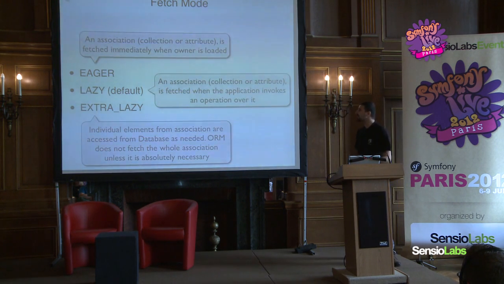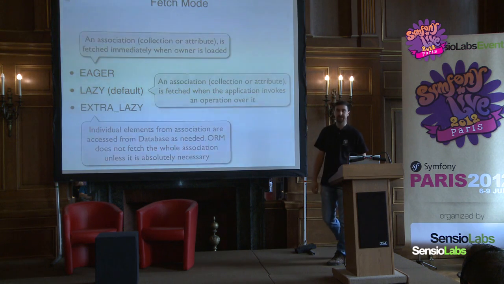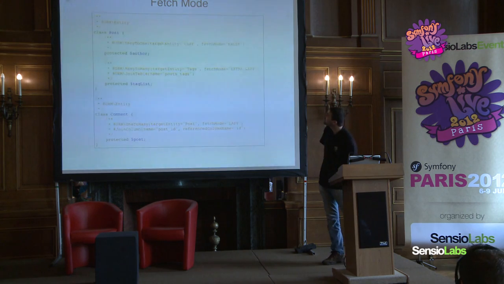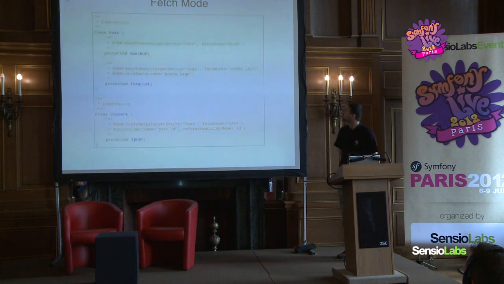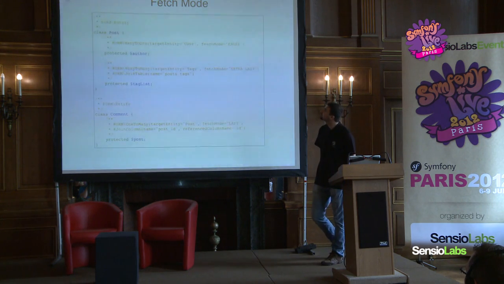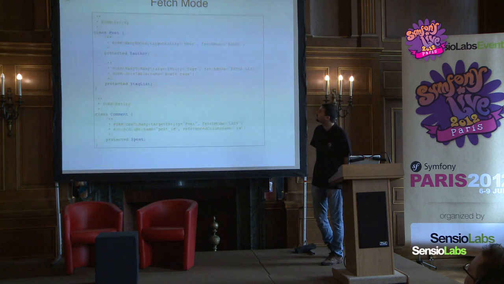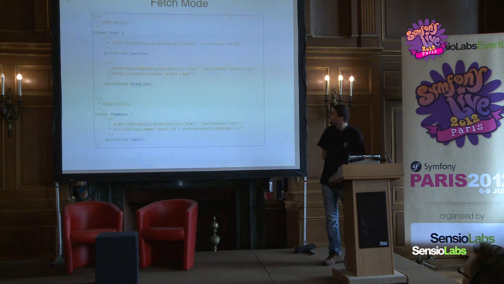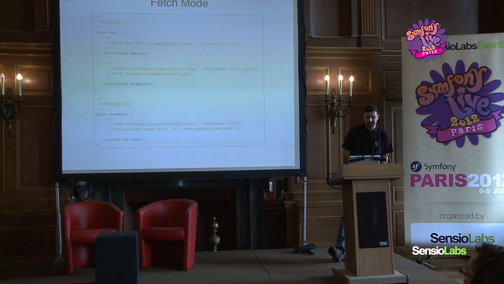Anyway, so how can we actually implement the fetch modes inside of our entities? We have the classes. So post, which contains an author and a tag list. And then you see, for many-to-one, for the author, we have a user. And then we define this one as fetch eager. And then for tag list, it's a many-to-many, and you define the fetch mode as extra lazy.